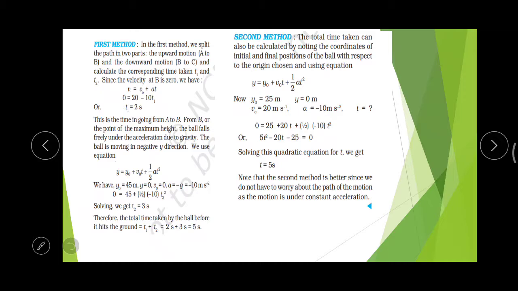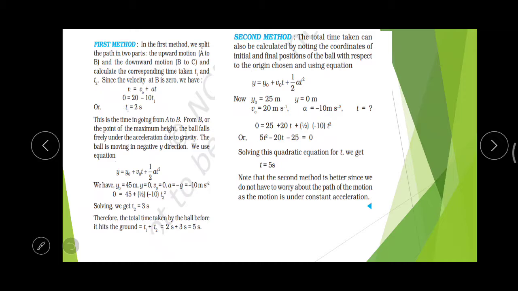Now we have to substitute that value. y0 is 45 meters, and y is equal to 0, so the final point is 0. The displacement will be 45 minus 0, 45 meters, and v0 is equal to 0, the initial velocity is 0.